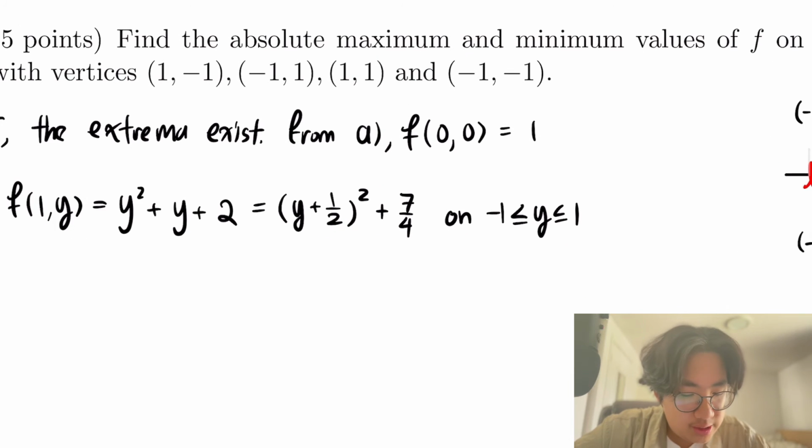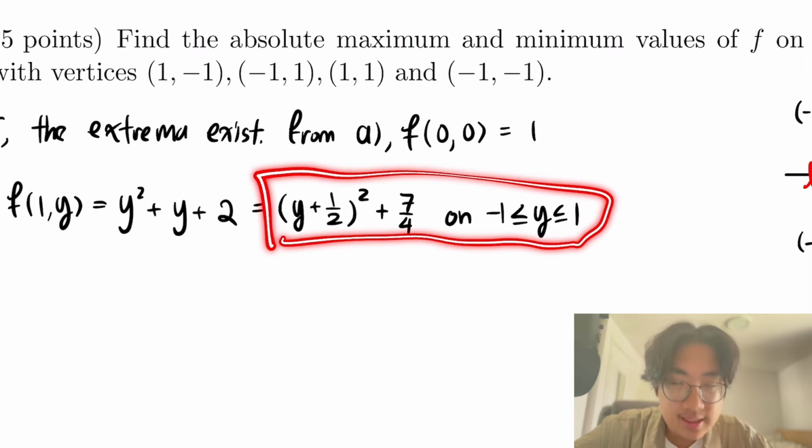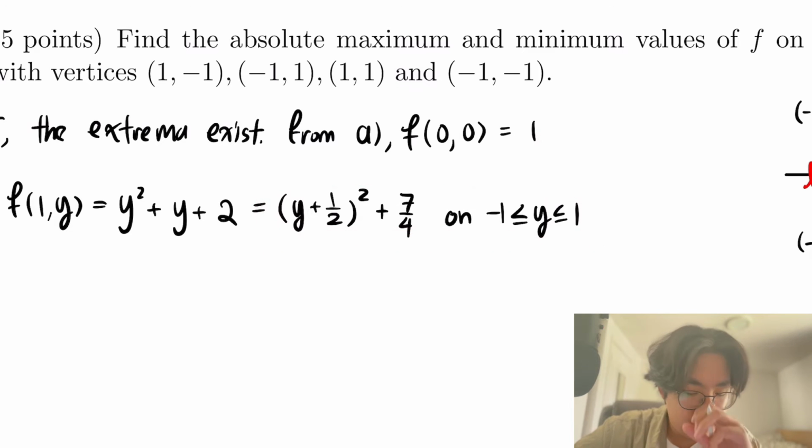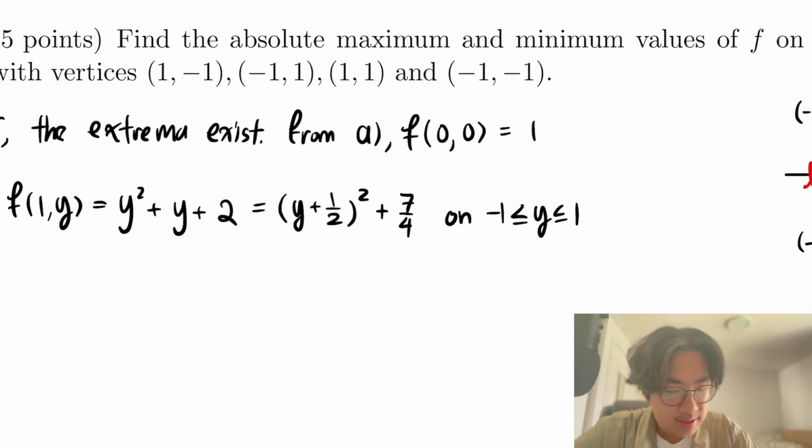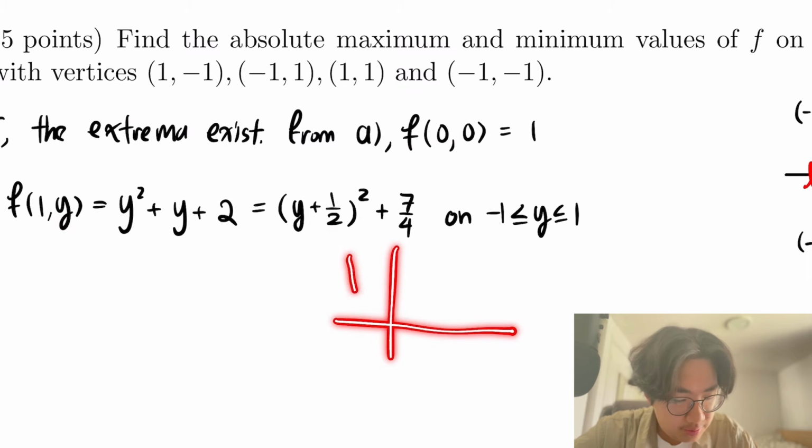Now you can just imagine optimizing this function of one variable. In this case, this is simply a parabola that's shifted to the left. You can imagine something like this, but you're only concerned with somewhere between here and here.